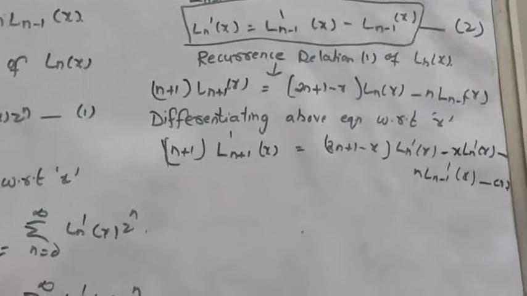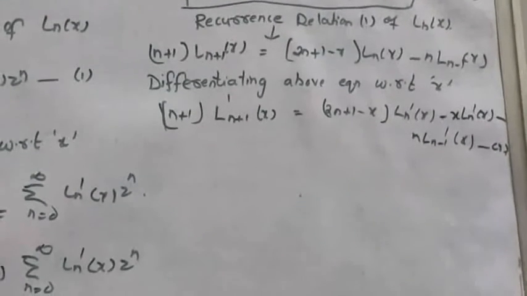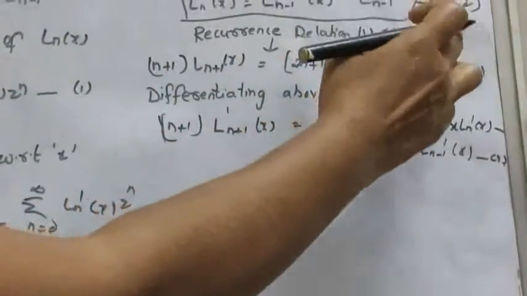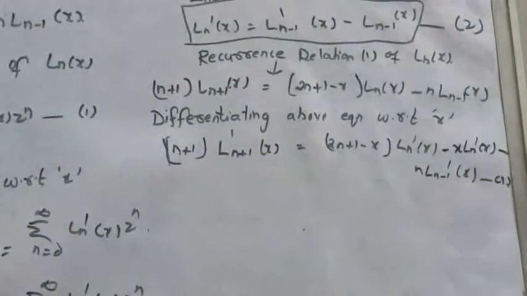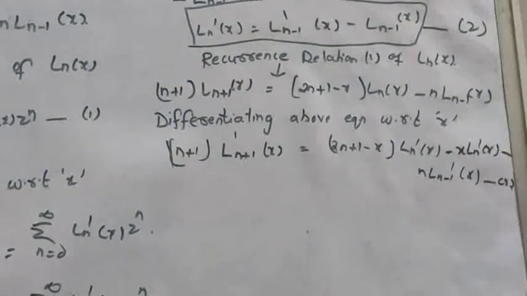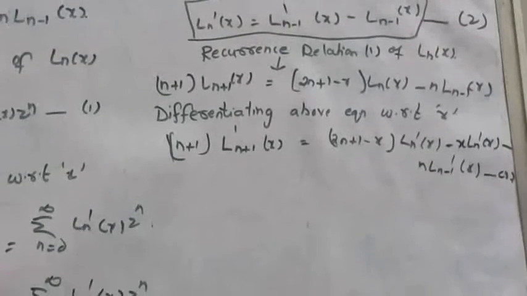Now replacing n by n plus 1 in equation 2. So here equation 2 is there, no? So wherever n is there, that n is replaced by n plus 1.